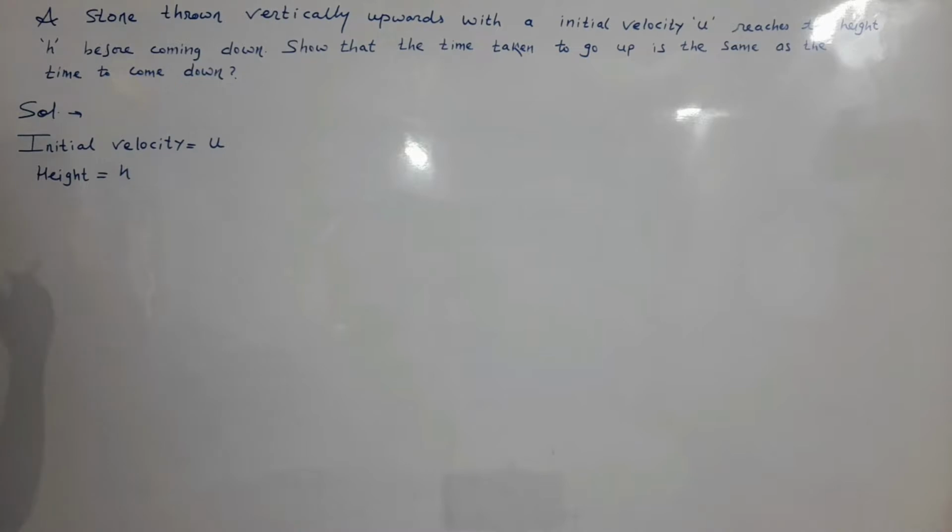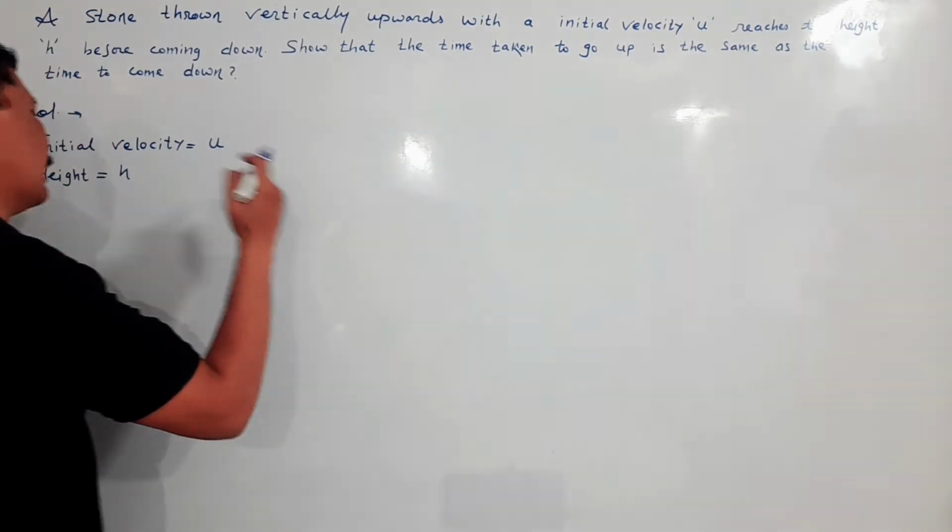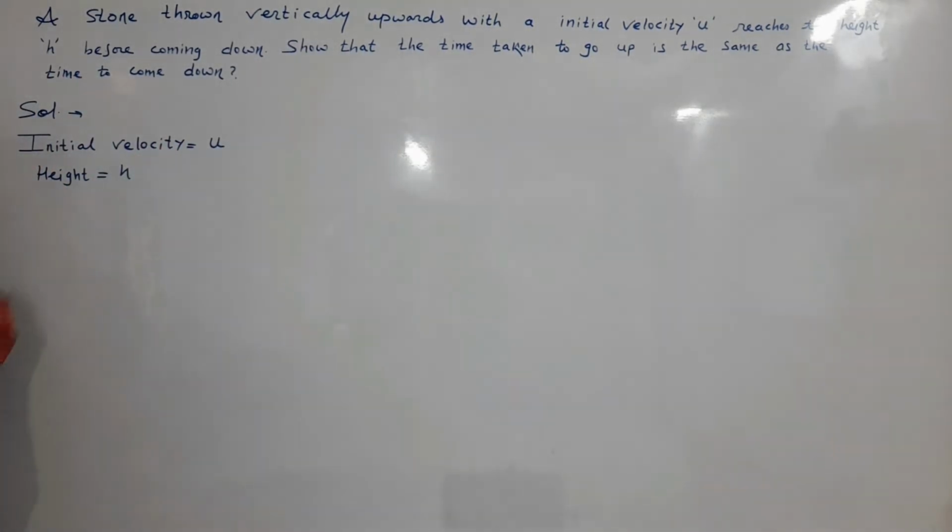We are going to take the help of these kinematical equations to show that the time taken by a stone thrown vertically upward to reach a certain height h is equal to the time taken by the stone to fall from that height to the surface of the earth.